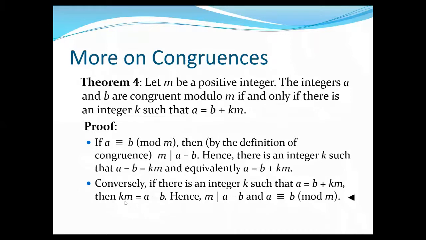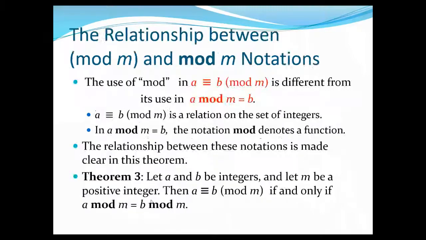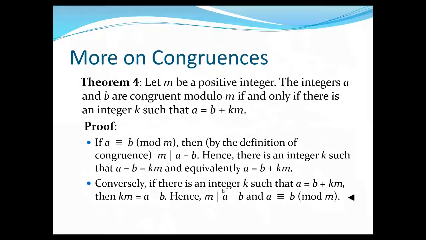Therefore, m divides that certain value, which is a minus b. So that's how we prove theorem number 4.